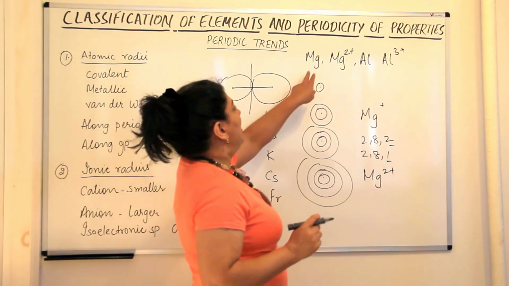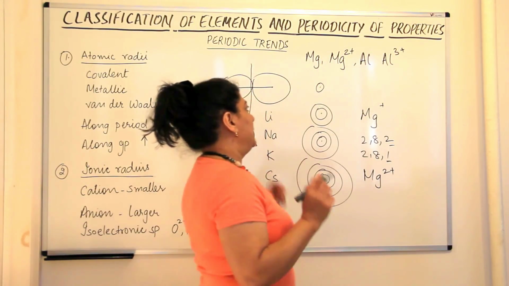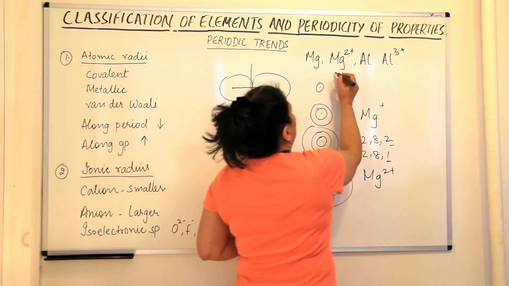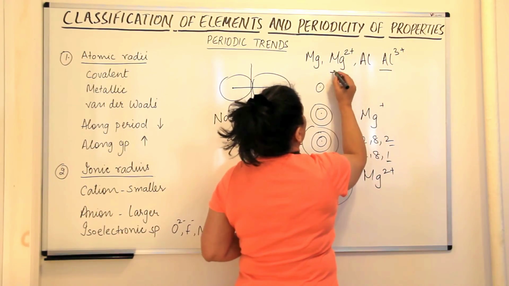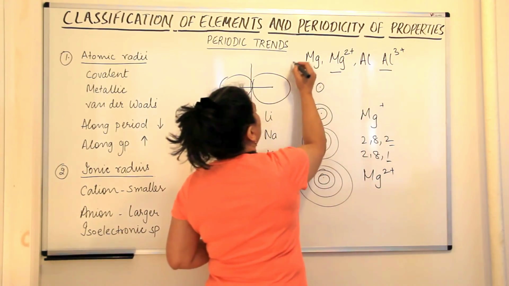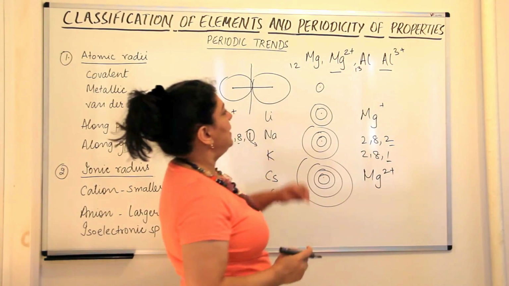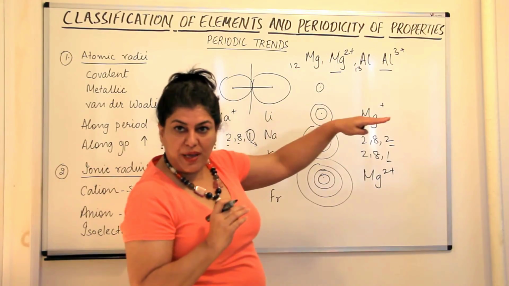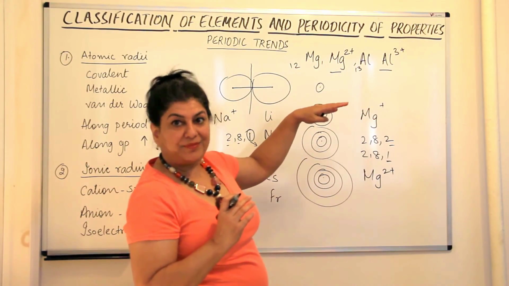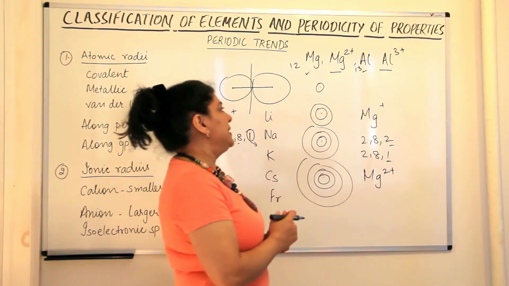Let us first see. We know magnesium and magnesium ion, aluminum and aluminum ion. The magnesium ion and aluminum ion have lost 2 and 3 electrons, and this is atomic number 12 and this is atomic number 13. This is the 13th element and 12th element. So we know as we move from left to right, the size of an atom decreases. So aluminum is smaller than magnesium, is clear to us.